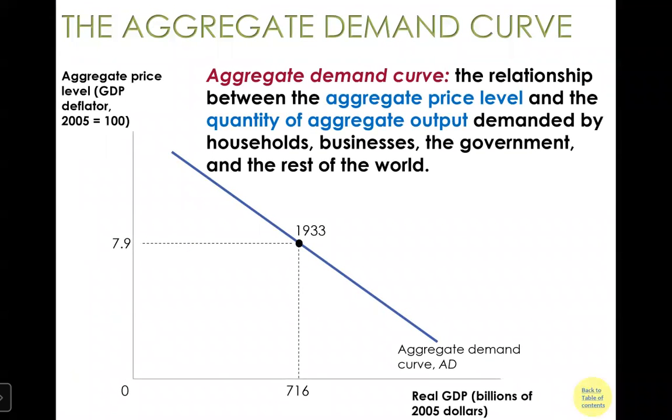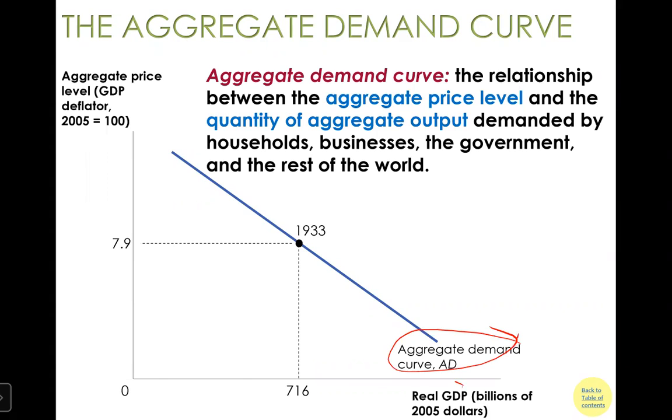Start with aggregate demand. This aggregate demand curve looks almost identical to the individual demand curve we studied in micro, but they are different in many ways. Let's go one by one. First, here is aggregate demand.